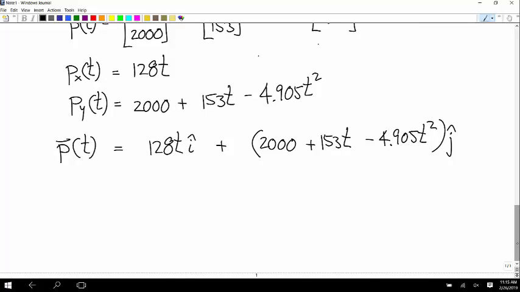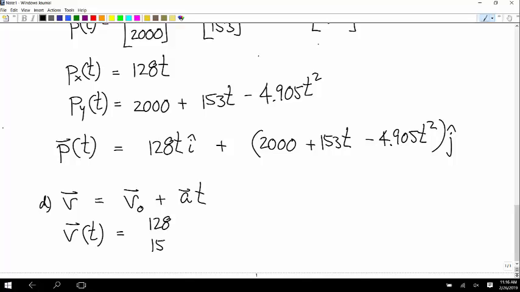And we can also come up with the velocity vector as a function of time. So the velocity, I think this is part D, the velocity is equal to the initial velocity plus a t. And so the velocity as a function of time is equal to 128, 153 plus 0, negative 9.81 times t.